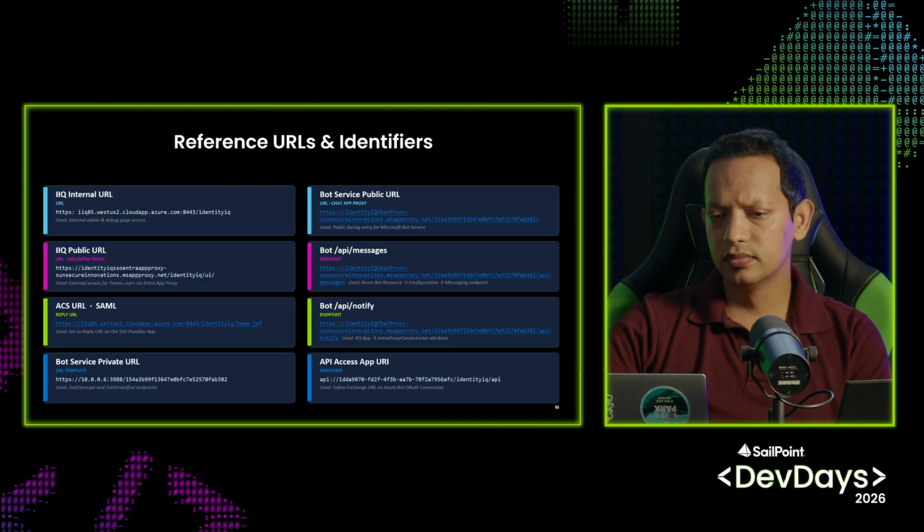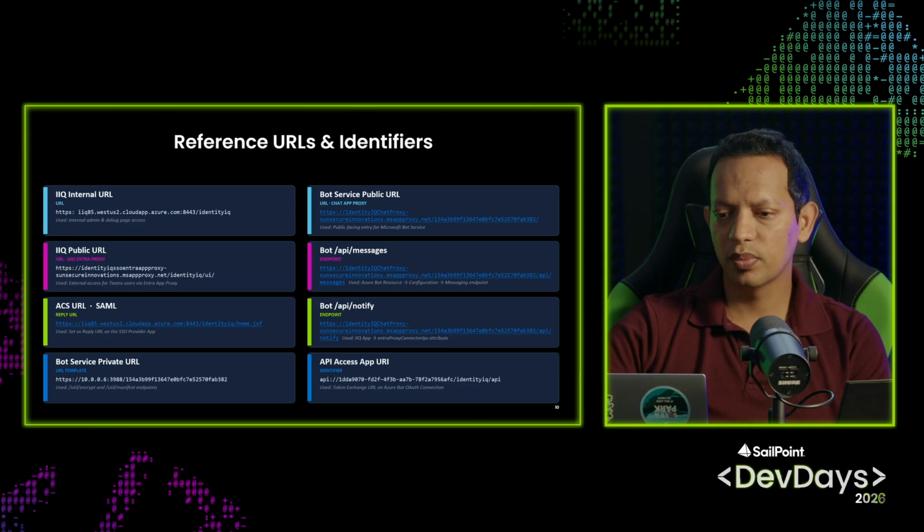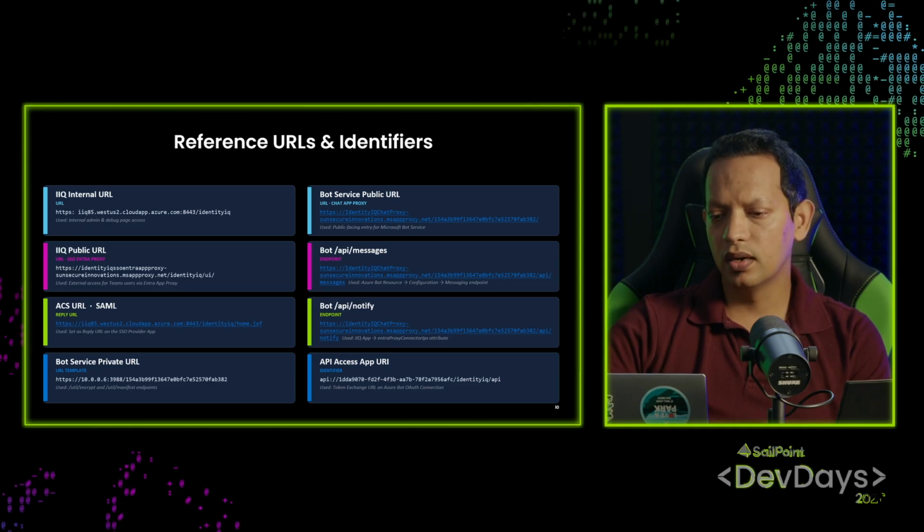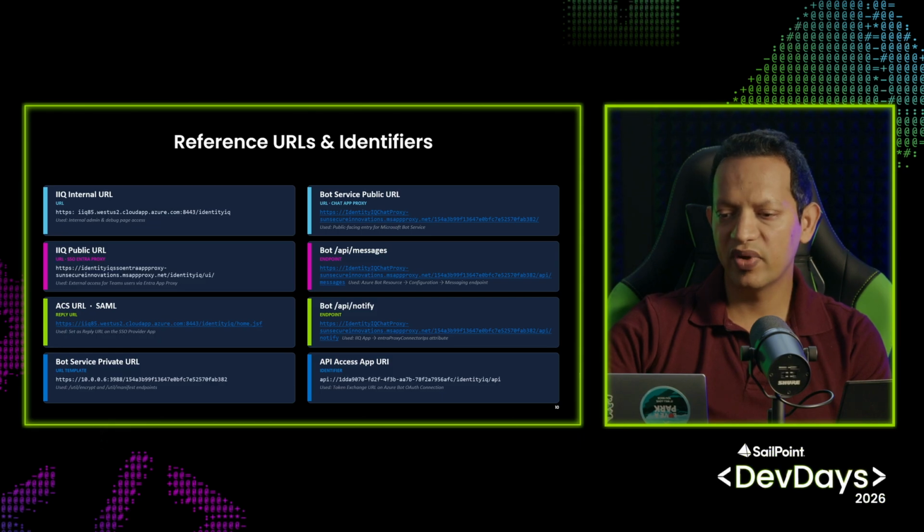Most of these are auto-generated when you start creating configuration on Entra, at least that's what I've seen. I don't know if there's an option to customize this, but these are pretty static. For example, the API notify endpoint remains static.